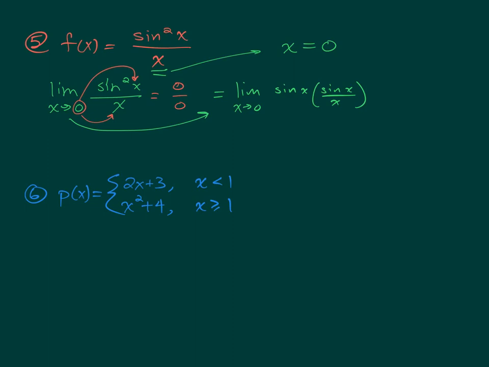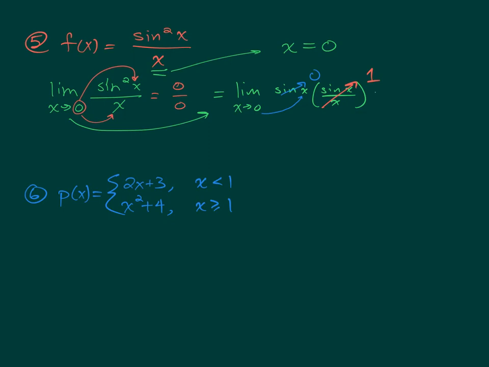From here, this is a special trig limit, this sine of x over x. So that part we know will end up being 1 because the limit has x approaching 0. Also, we know that if 0 is directly substituted in for this sine, the sine of 0 is 0.